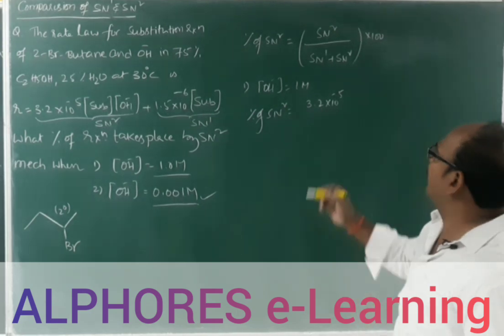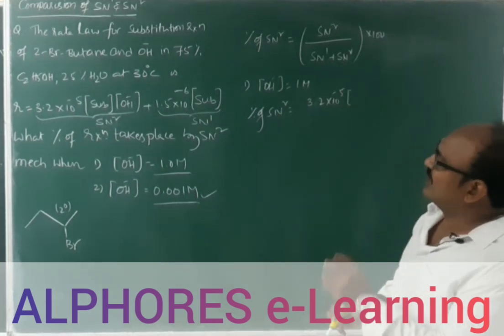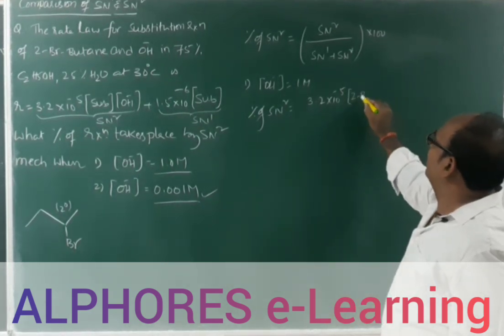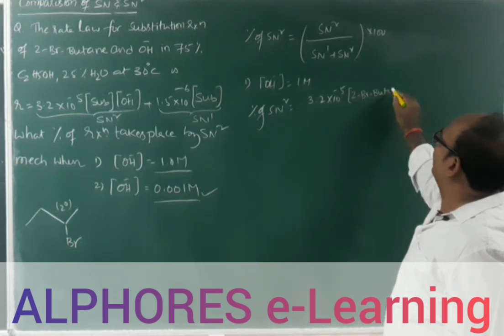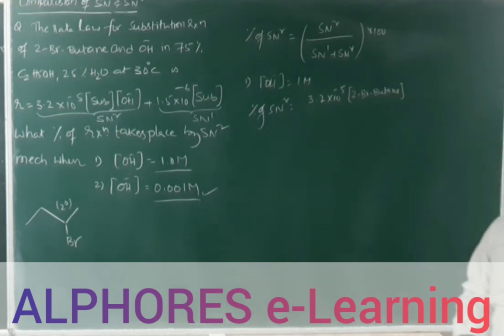So 3.2 × 10^-5. Here the substrate is 2-bromobutane. Its concentration is not given, and of course here it is not necessary to calculate.